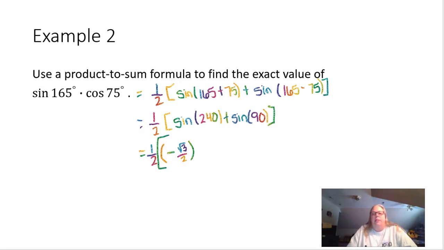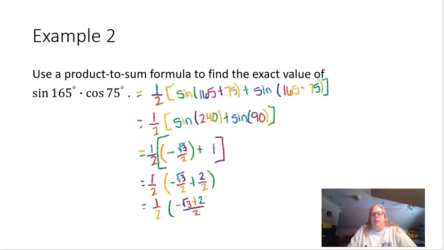And then the sine of 90 degrees is going to be positive 1. Now this just becomes a regular arithmetic problem. So we're going to have half of negative square root of 3 over 2 plus 2 over 2. This is so I can get a common denominator, which is going to give me half of negative square root of 3 over 2 plus 2, and then all that's over 2.